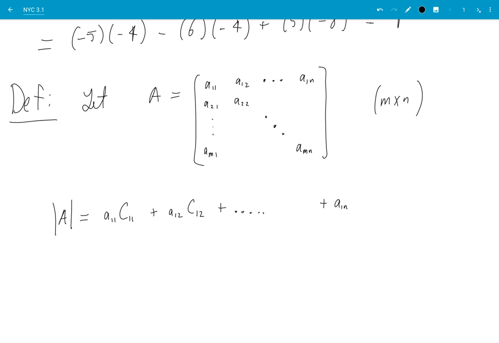No, we're not going to alternate, because we're going to keep these all as pluses, and the alternating thingamabob that's happening, we're going to have that happen inside these C values.